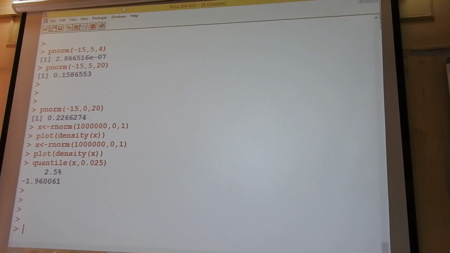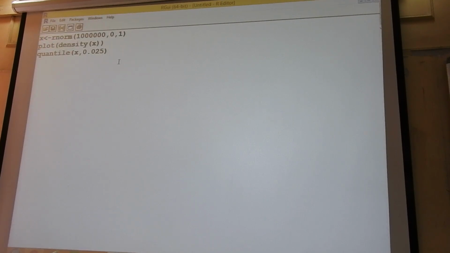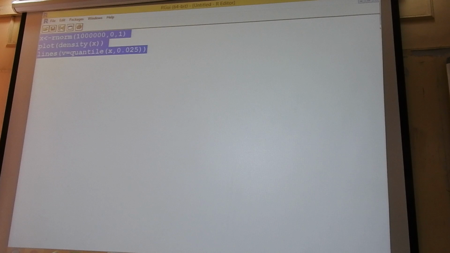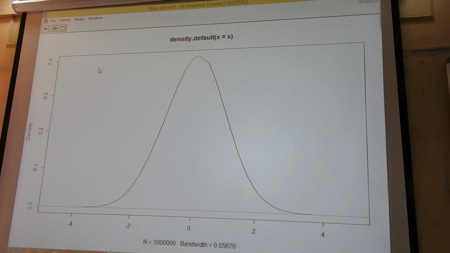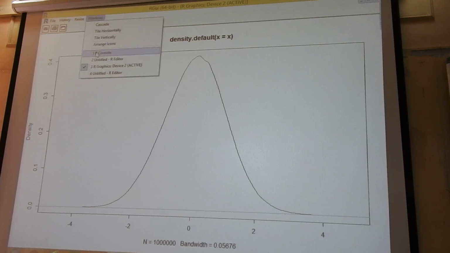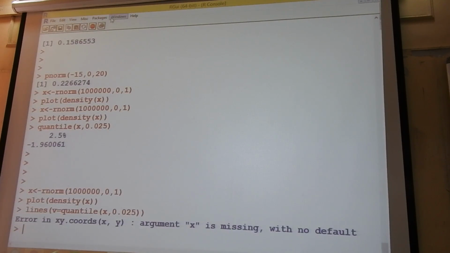So if I want to draw a vertical line at quantile x, 0.025, I use abline.